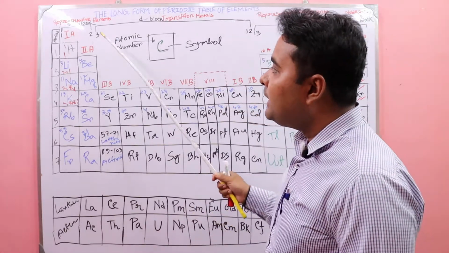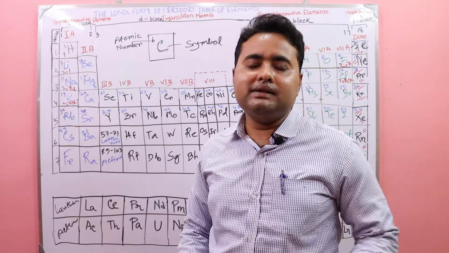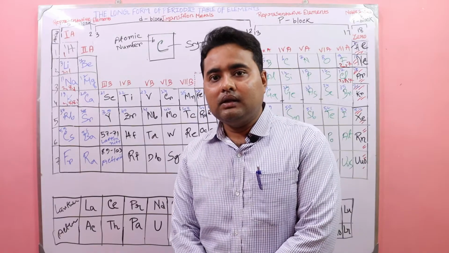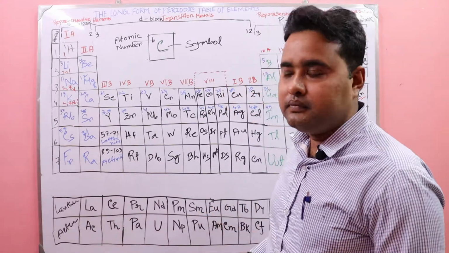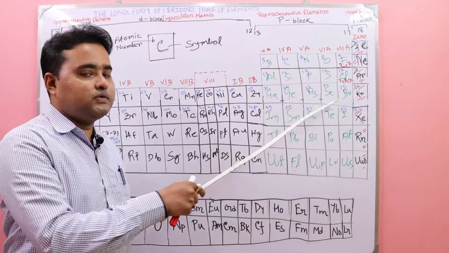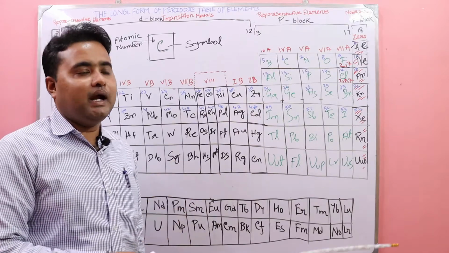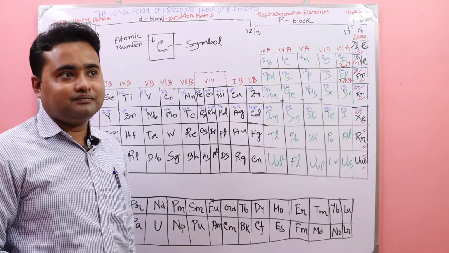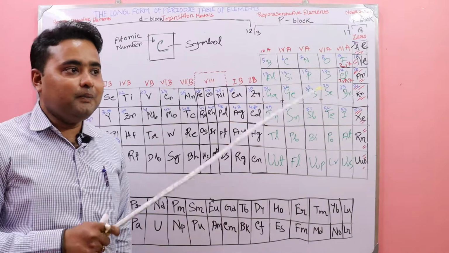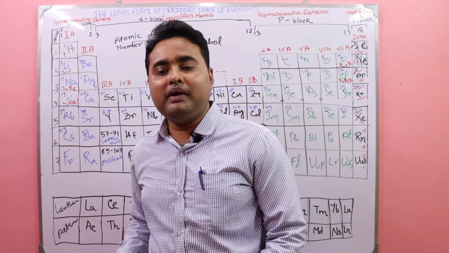If an atom tries to give up electrons, that means it has the nature of a metal. That means all those are metals. And if an atom tries to gain electrons, it wants to form a negatively charged ion. That means those are non-metals. So we can track an element from the periodic table, and we can say whether it is a metal or a non-metal.